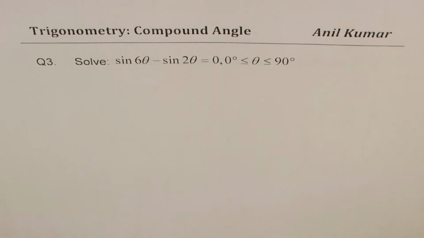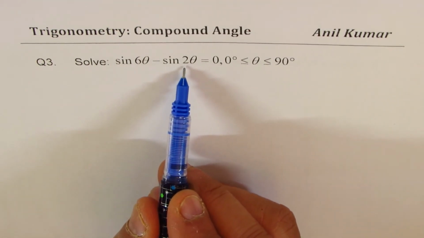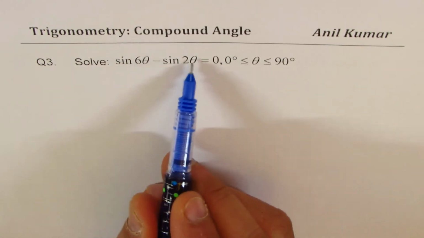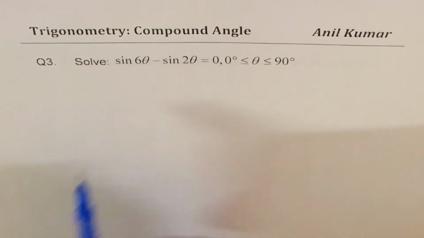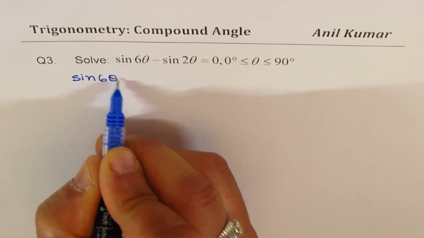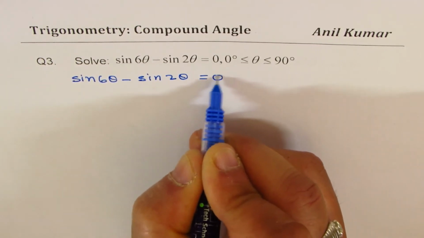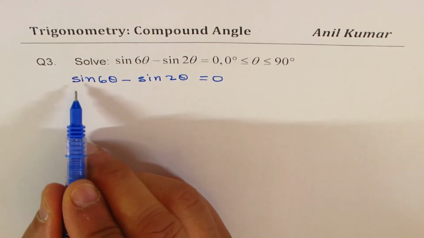So we need to solve the equation sine 6 theta minus sine 2 theta equals 0. I can factor this. Now we learned how to factor this.